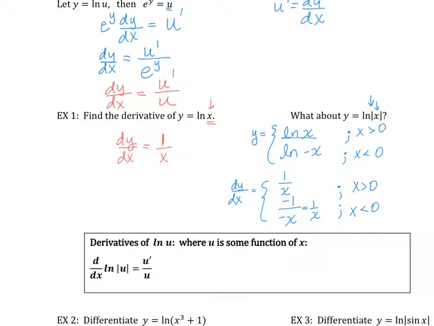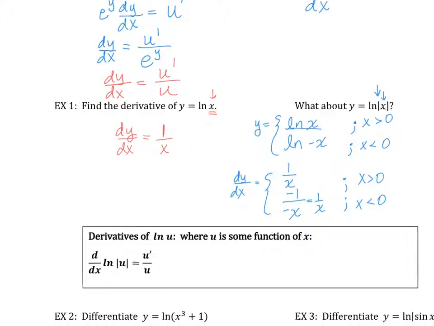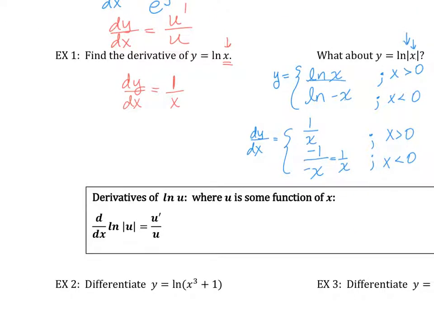So what does that mean? What does that do for us? It means for once, if you see an absolute value, you do not have to worry about it. You don't have to rewrite as a piecewise function. I did it once for you to see that it didn't matter. So here's the cool thing.